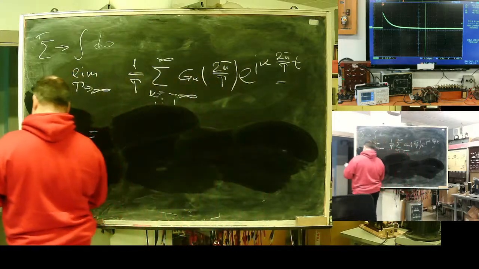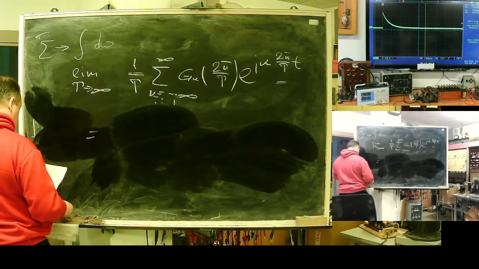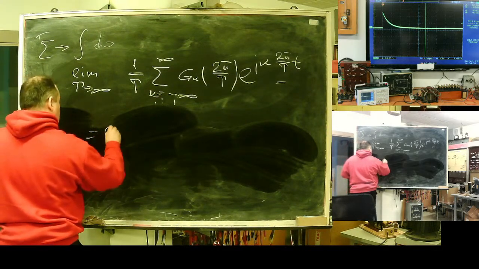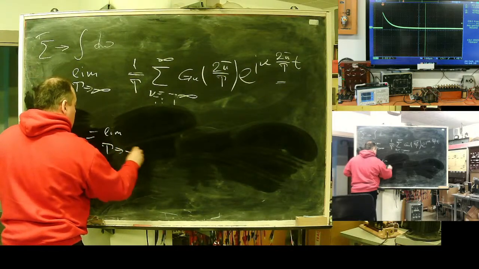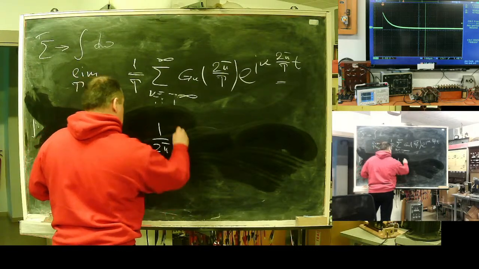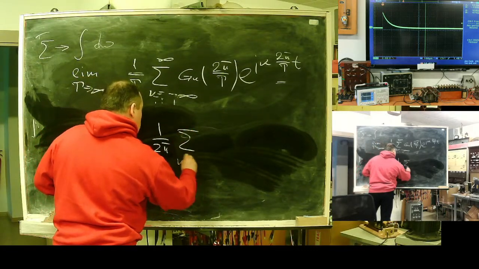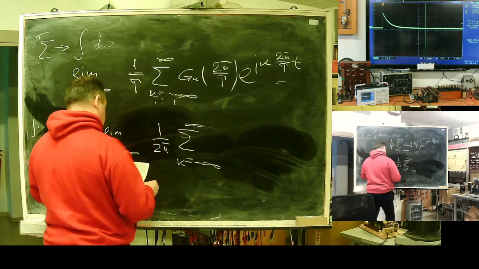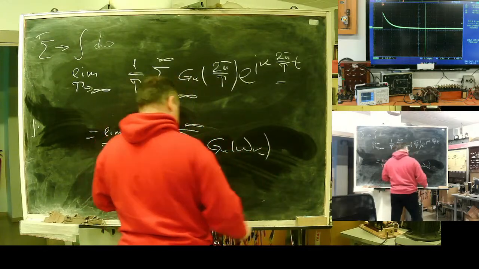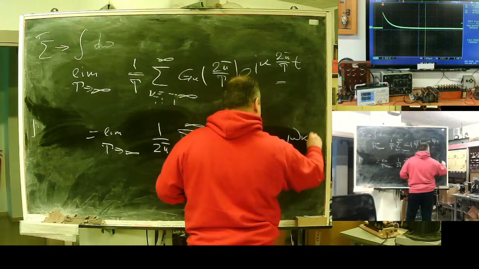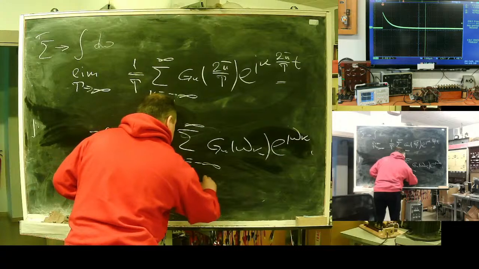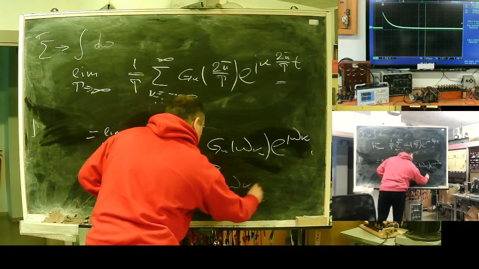So what can I write? I need the limit of 1 over double P, the sum from minus infinity to infinity of my spectral function F of omega, multiplied by omega next minus omega previous.